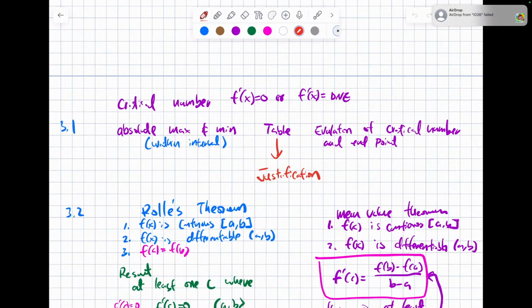Yeah, 12 times 8 to the 2/3 minus 4 times 8. That's equal to 12 times 4 minus 32, which is 16. So (8, 16) is a relative max, and you're going to justify it with f prime of x changing from positive to negative.